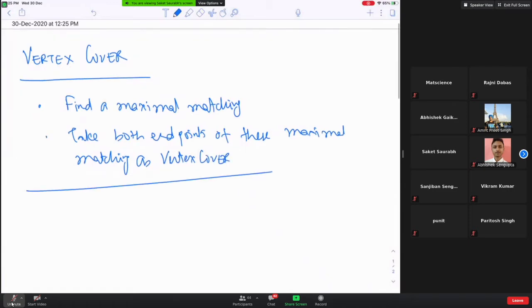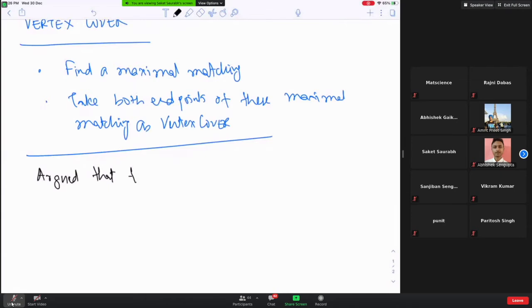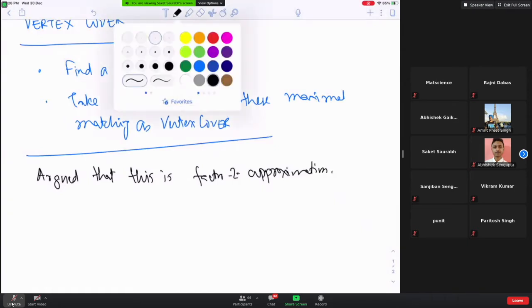And what did we argue? We argued that this is a factor 2 approximation. And can you tell me how much auxiliary space it will take?